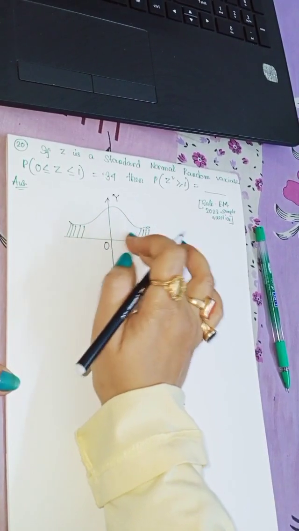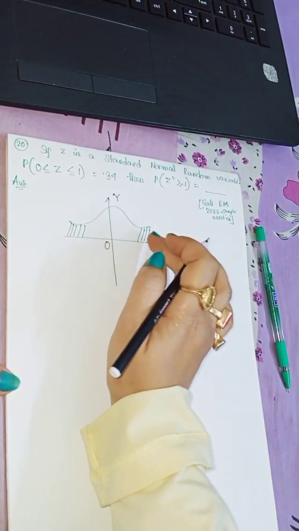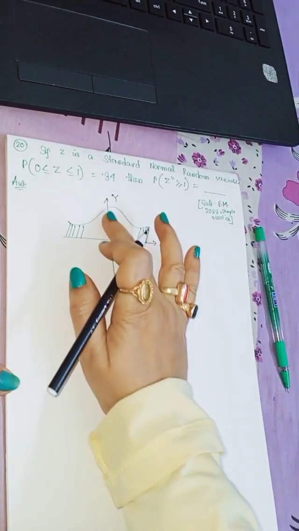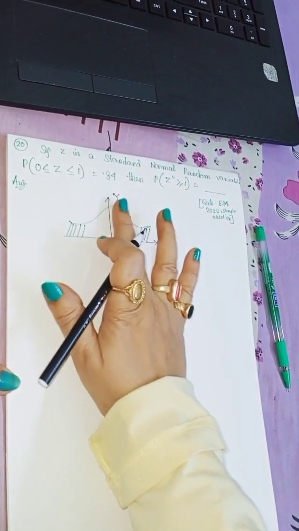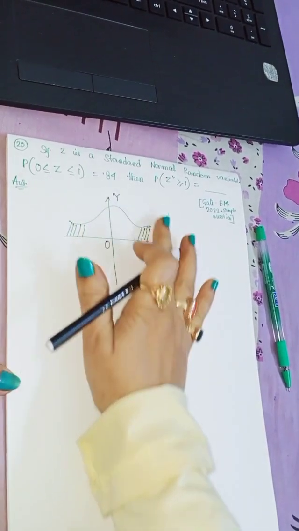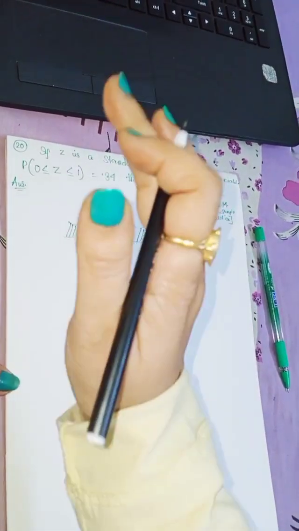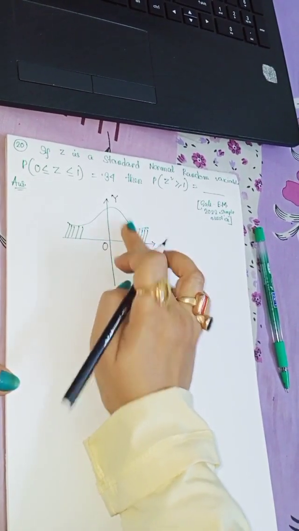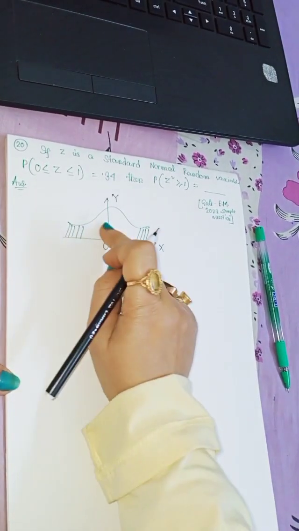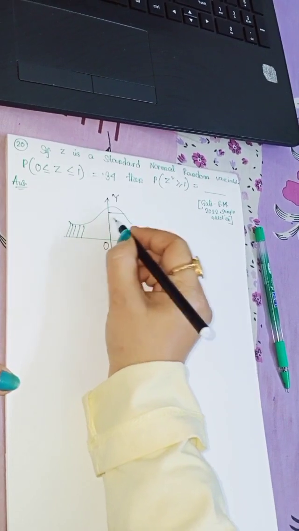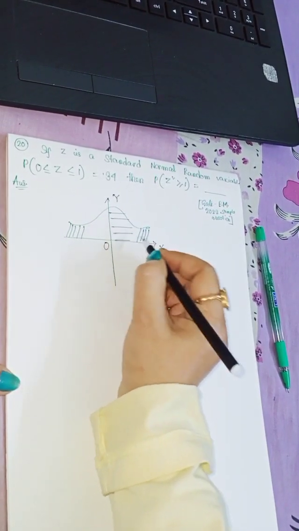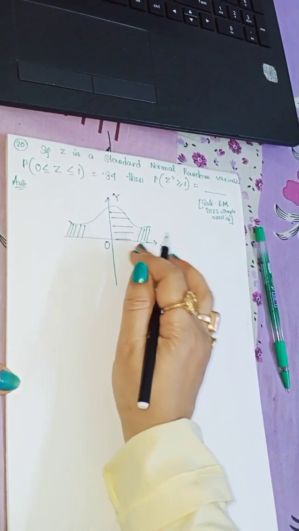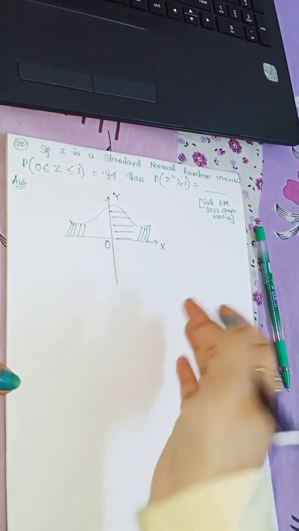This region is mentioned as 0.34. If we take the whole region as 1 unit, then this half is 0.5, this half is also 0.5, and this region is 0.34. So the complete area is 1 unit.